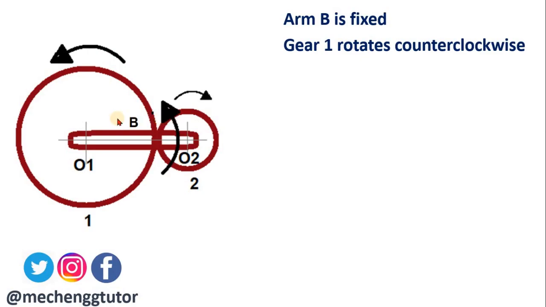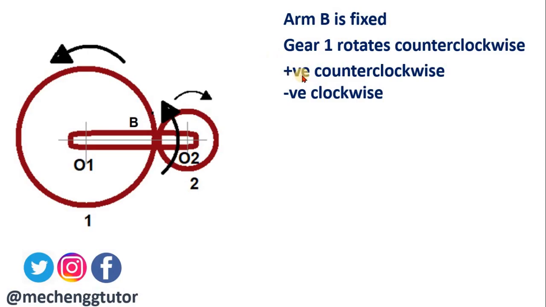So here with respect to the direction of rotations, we have sign convention, that is we take the RPM or the rotation or revolutions as positive when the gear rotates in counterclockwise direction, and we take it as negative when the gear rotates in clockwise direction. So now with these assumptions we start with the steps.